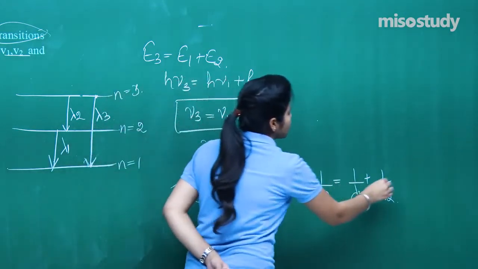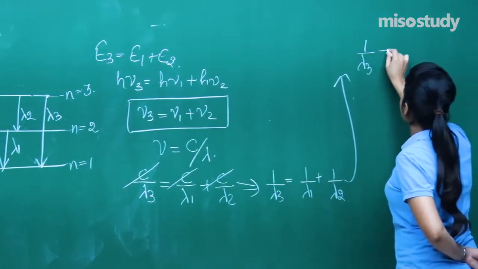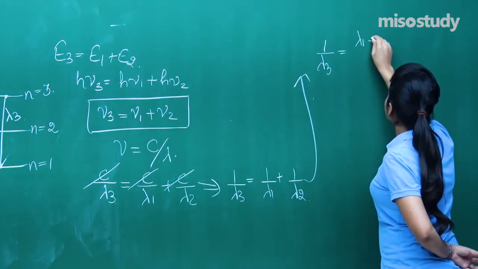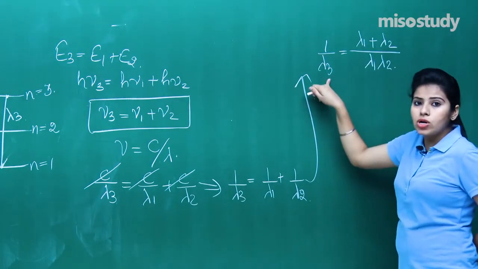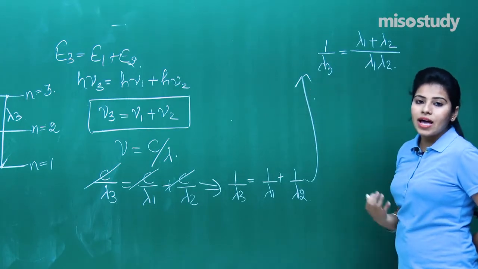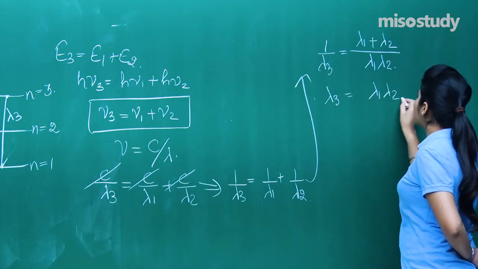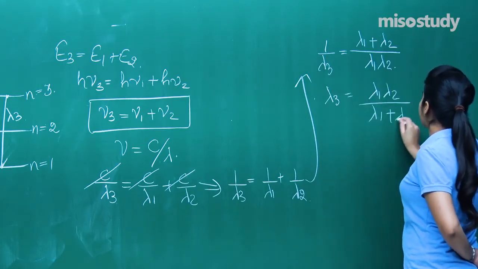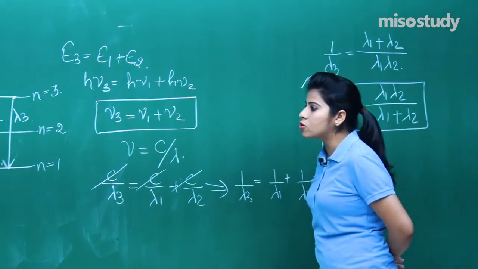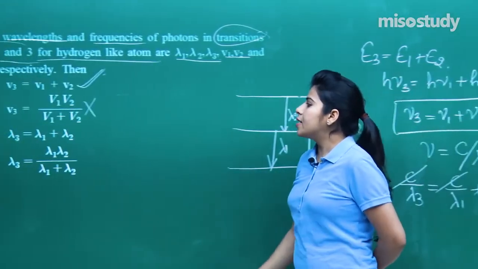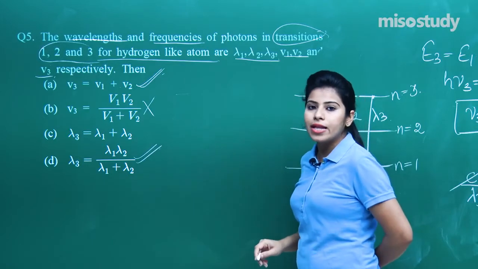Solving it, 1 by lambda 3 comes out to be lambda 1 plus lambda 2 divided by lambda 1 into lambda 2. Because I have to find lambda 3, that would be lambda 1 lambda 2 upon lambda 1 plus lambda 2. Let us confirm from the options whether it is correct. Yes, I can see here lambda 3 is lambda 1 lambda 2 upon lambda 1 plus lambda 2.